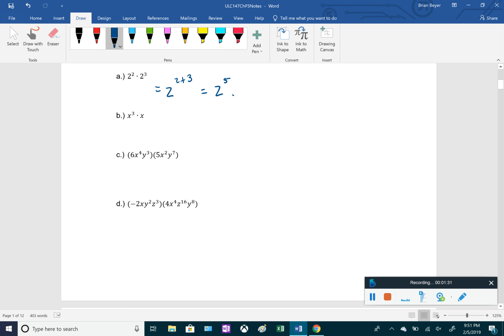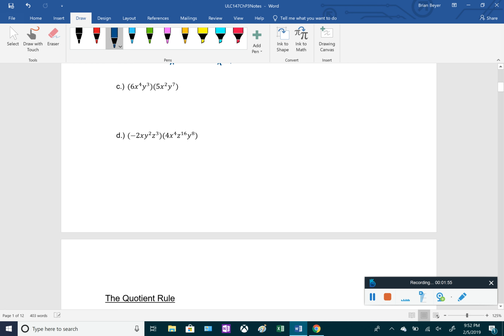Next one, we have x cubed times x. Anytime an exponent is not written, we know there's an exponent of 1 there. So this is the same thing as x to the 3 plus 1, which is x to the fourth.